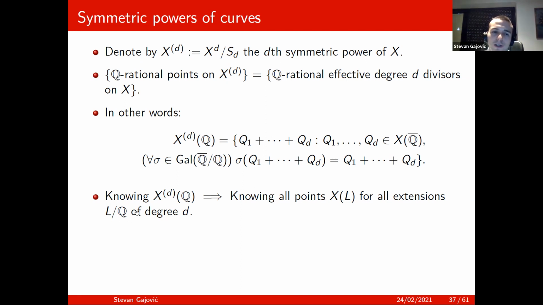Because if we have a degree d extension, then we just take one point and all of its Galois conjugates, and this will form an element of X^(d)(Q).